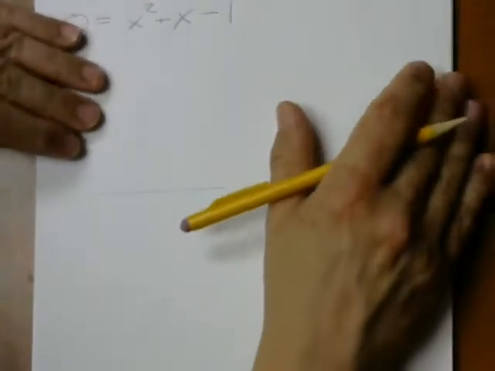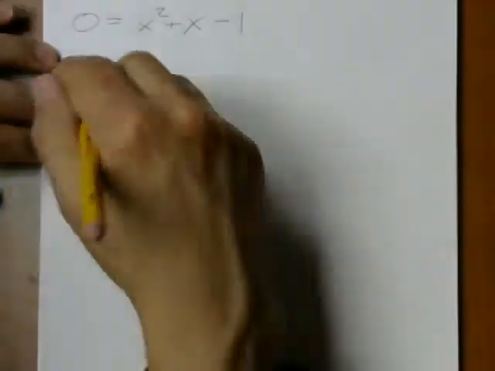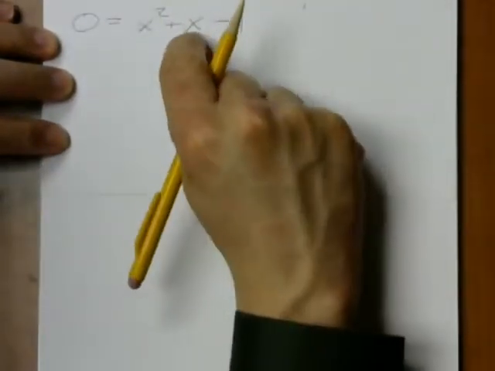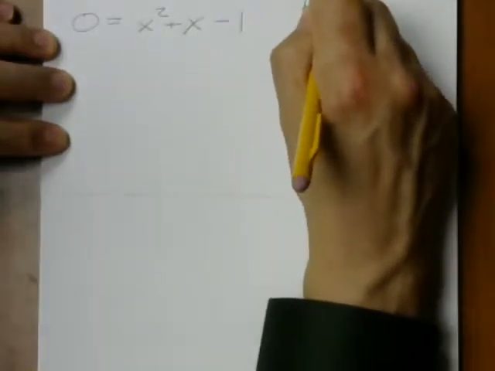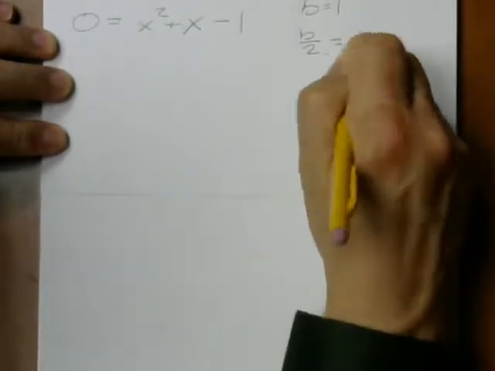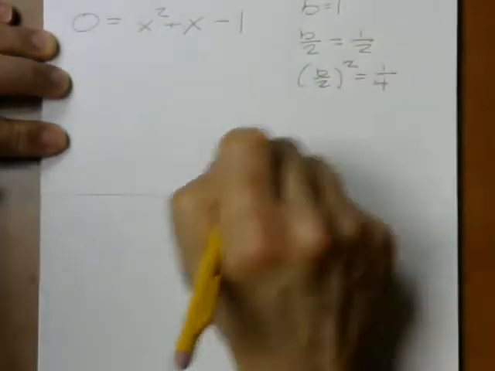So this is the equation I wish to solve: 0 equals x squared plus x minus 1. What's my a? My a would be 1, but I don't care about that. I know that b equals 1. I want to take b over 2 because I'm completing the square, and b over 2 squared is 1/4.